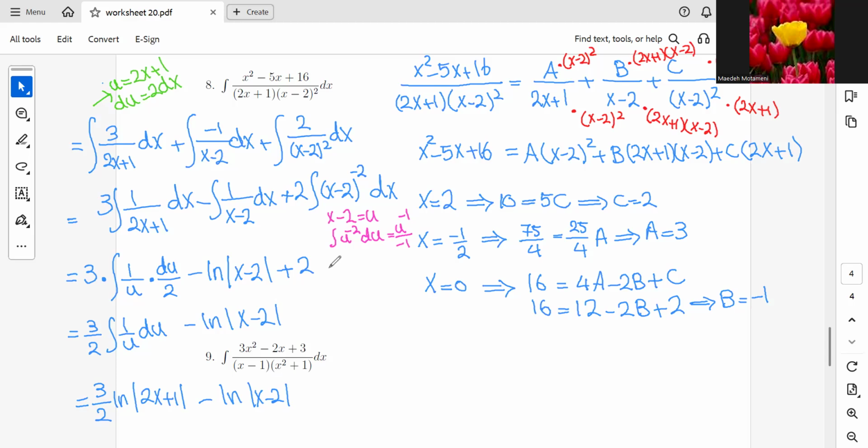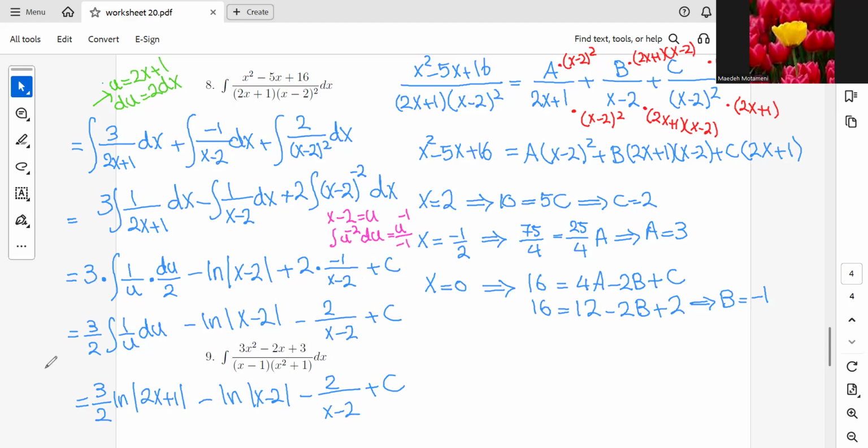So it will be multiplied by negative 1, and u to the power negative 1 is the same as 1 over u, which is x minus 2, plus c. So we can simplify this and write it as negative 2 over x minus 2 plus c, and we would keep all that here. This was number 8.